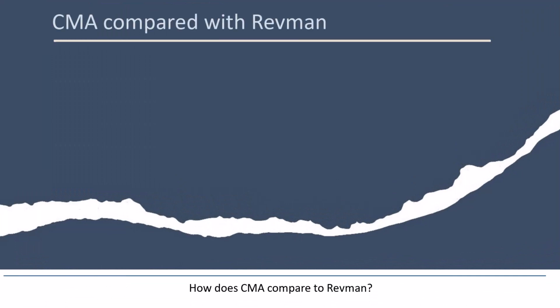How does CMA compare to RevMan? RevMan is the program developed by the Cochrane Collaboration for use with the Cochrane Library. It is a program that covers all stages of the systematic review. While it will perform a meta-analysis, the meta-analysis is only a small component of the program, and this component of the program is very limited.